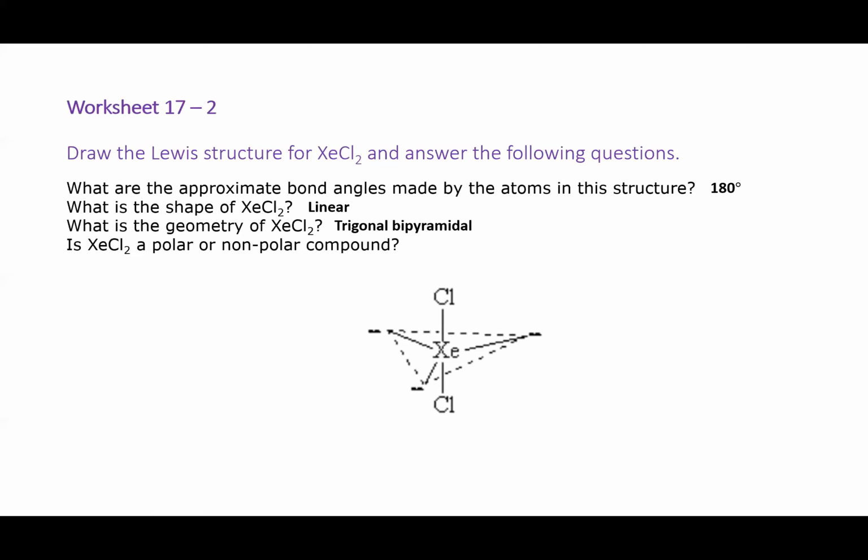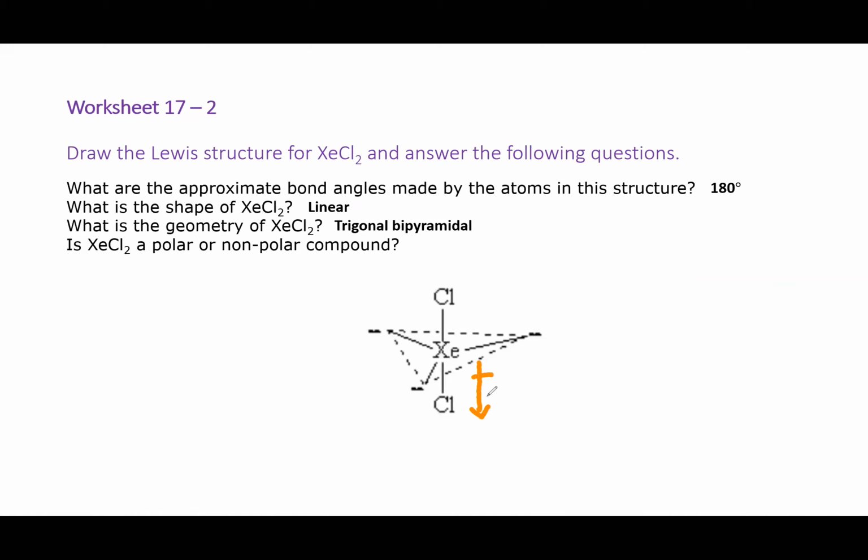Finally, is xenon dichloride a polar or nonpolar compound? So in order to answer this question, we have to take a look at the dipole moments. So because xenon is bonded to a chlorine atom here and a chlorine atom here, and xenon is less electronegative, we can draw our dipole moment arrows like this.